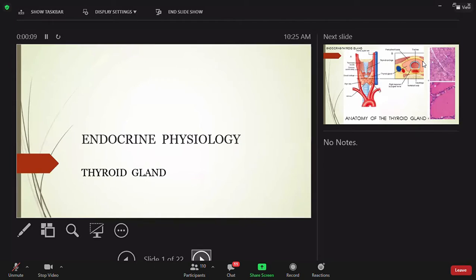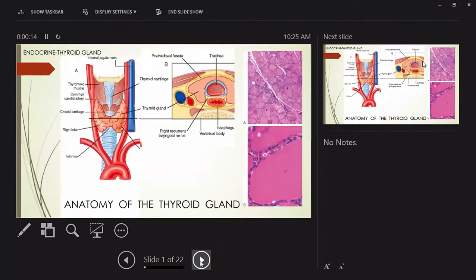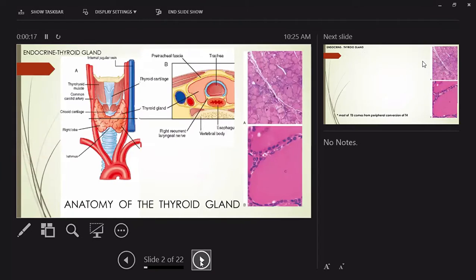You will take up the thyroid this morning, okay? Where do you find your thyroid? Has this been discussed in biochemistry already?